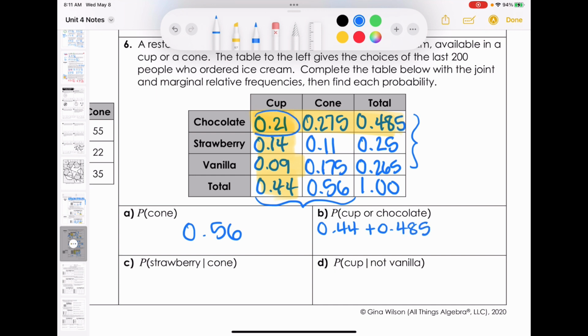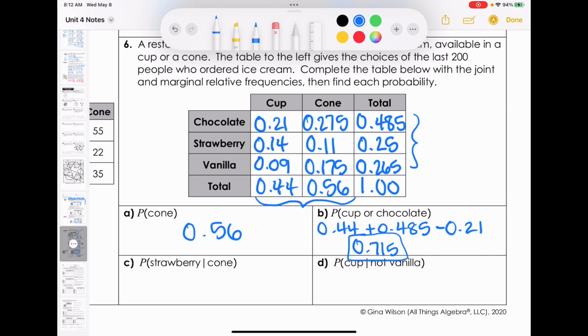But then if you look, chocolate cup is being counted twice, so I need to subtract that out. And that gives me 0.715.